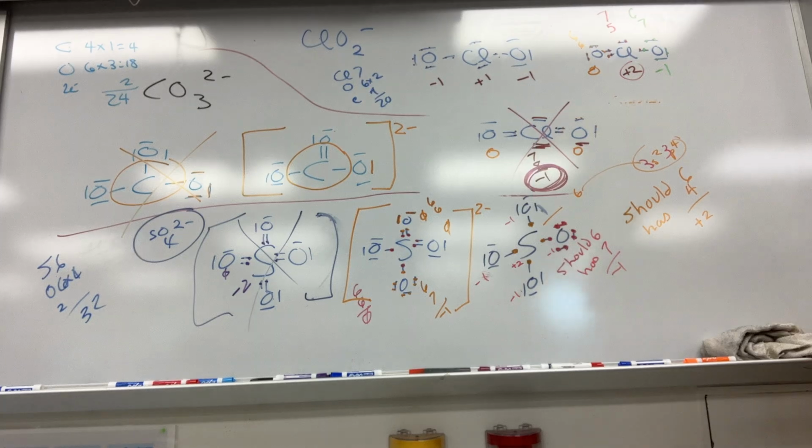Now, here's the trick. If on, say, the AP exam or my test, they were to say, draw the Lewis dot structure, they would take any of these. If they say, draw the Lewis dot structure with the best formal charge, then you've got to be one of those two up at the top.